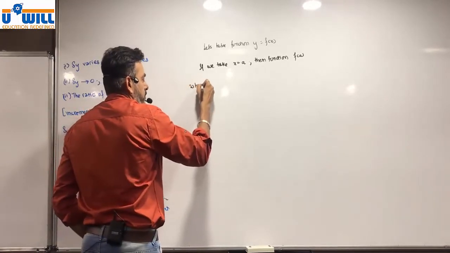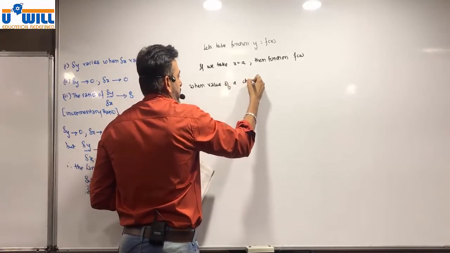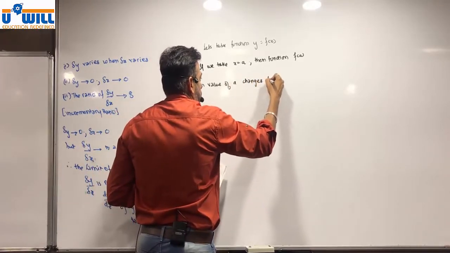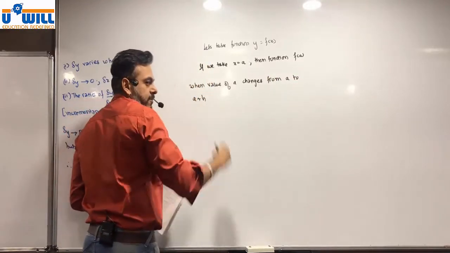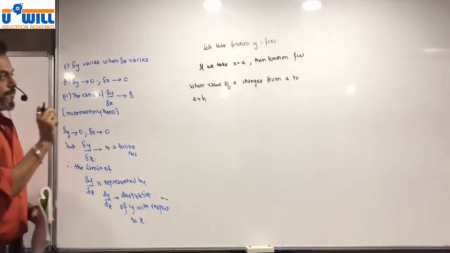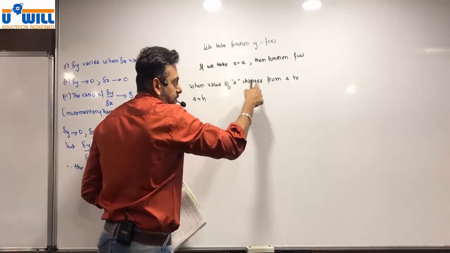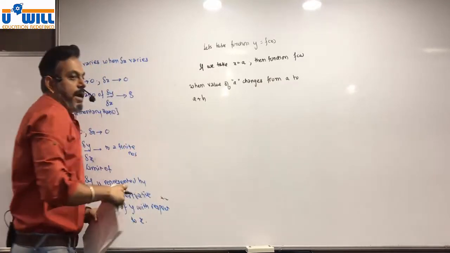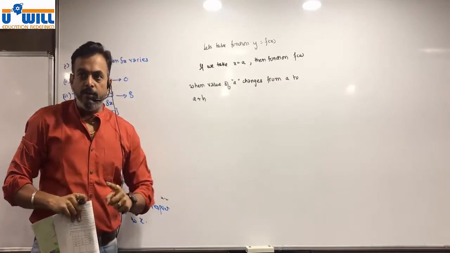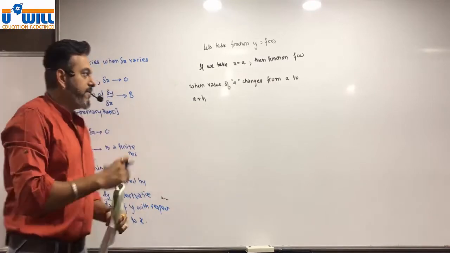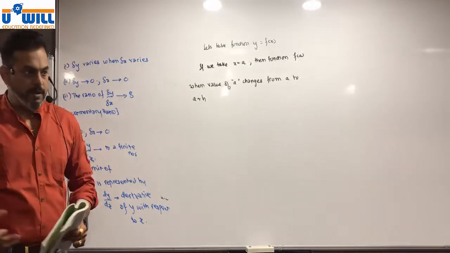Okay. Now, when value of a changes from a to a plus h, write like this, changes from a to a plus h, यानी पहले a था, अब क्या हो गया a plus h. समझ में आया सबको? ओके, चेंज हुआ, पहले a था, अब हो गया a plus h, कुछ ऐड हो गया उसमें.